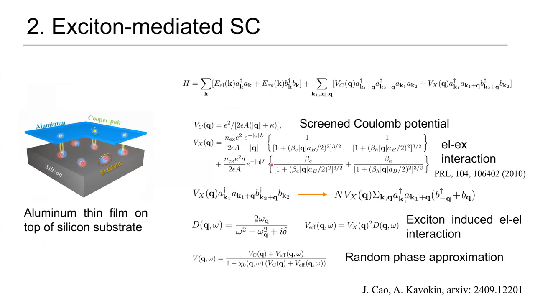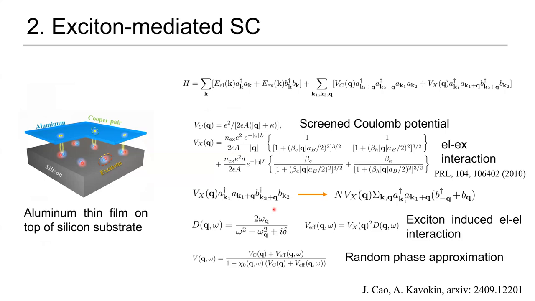But it doesn't matter. After some treatment, we can simplify this four-operator term into a three-operator term by the Madelung transformation. We assume that most excitons stay in their ground state, and then the annihilation and creation operators will just create square root of n or square root of n plus 1 particles.